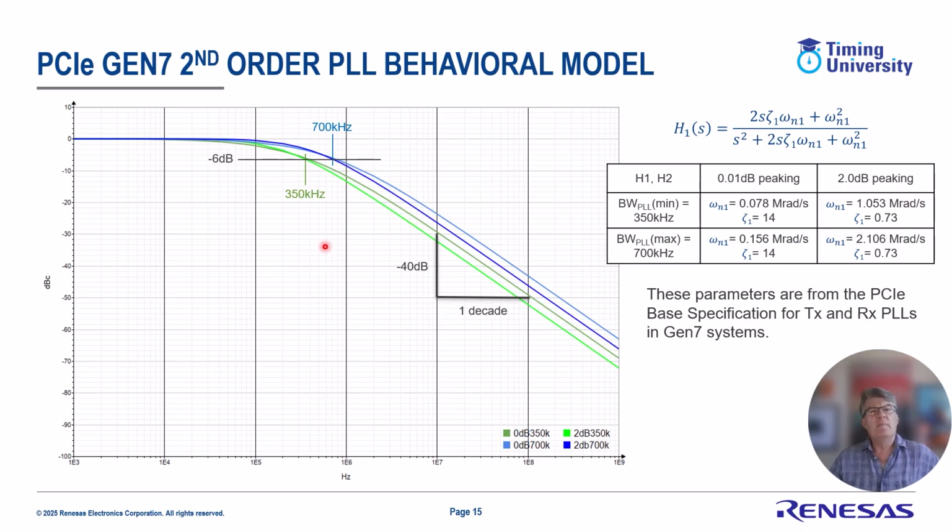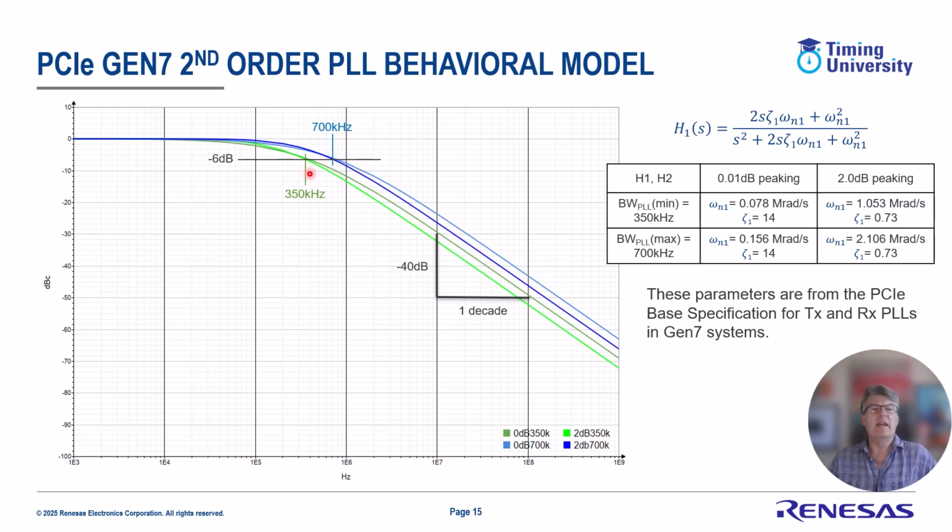The blue is representative of the bottom line of these values lifted from the PCIe base specification, and the green is representative of the top line. So the green lines are a 350 kilohertz bandwidth, and the blue lines are the 700 kilohertz bandwidth.